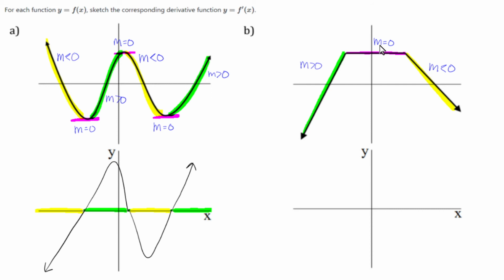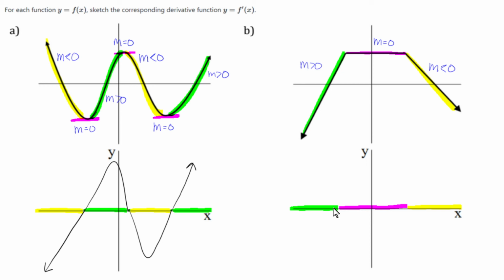So it means that this purple part here where the slope is 0 is going to be on the x-axis. We'll probably have to use a different color. So from here to here, this corresponds to the slope of 0. Over here, the slope will be negative. And on the left-hand side here, the slope will be positive.